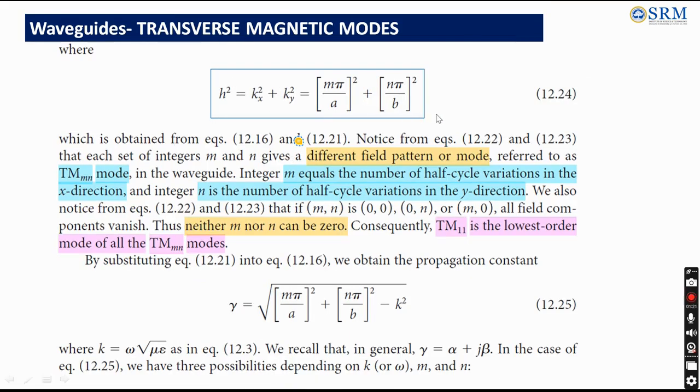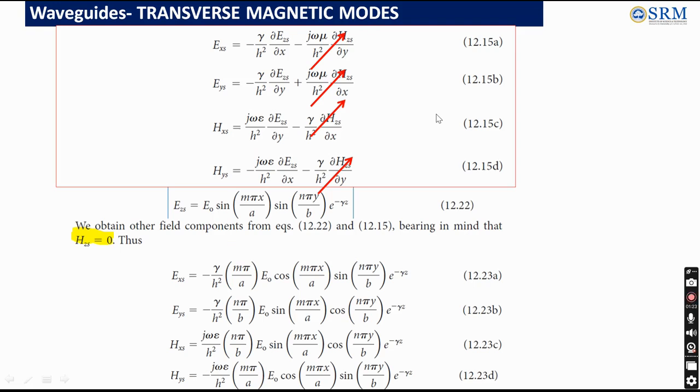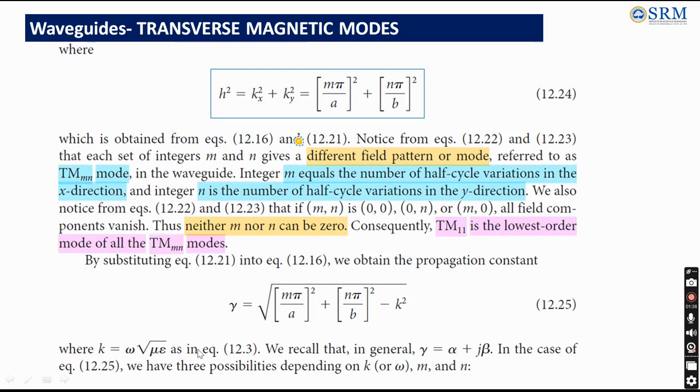So from this set of equations, that is equation 22, we have only 5 terms, right, out of the 6 field components in a rectangular waveguide for transverse magnetic mode. Since one field component is already 0, we have the 5 terms. Combining all these terms, we can note that we have the set of integers m and n in all the equations.